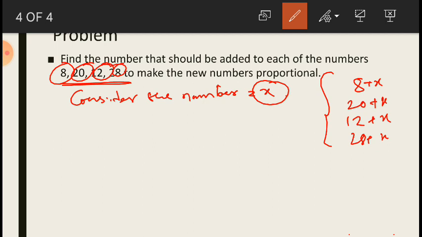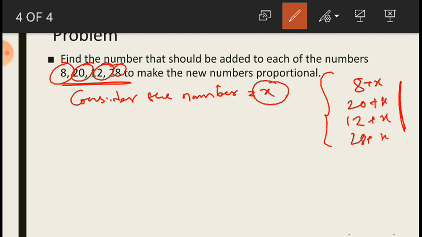So these four terms are given to you. Now you have to prove that these four terms are proportional. Okay, so for doing that, we know the proportionality condition, how to show that four numbers are in proportion.